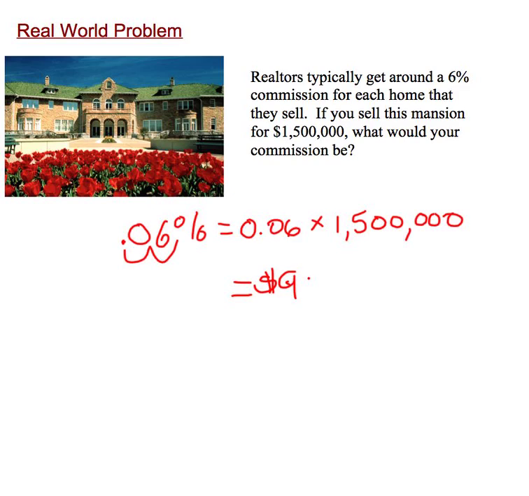Yeah, it's probably more than 1 day's work, but selling that one house would get you $90,000. Not too shabby. So here's an example where commissions can be quite profitable. If you decide to get your real estate license, go looking for a $1,500,000 home, and you would have $90,000 to put in the old bank account.